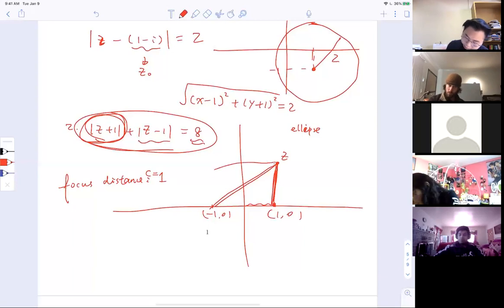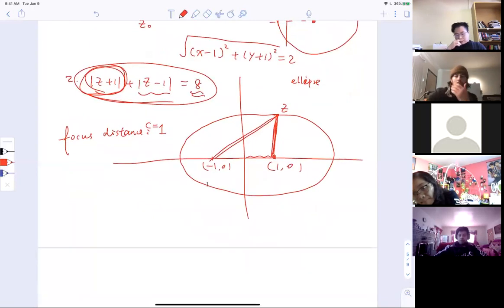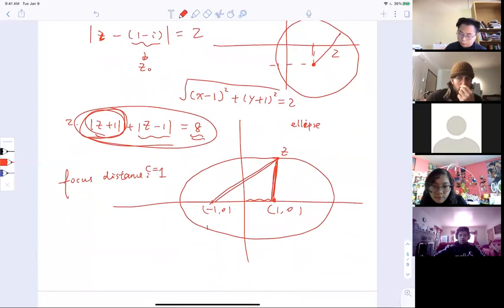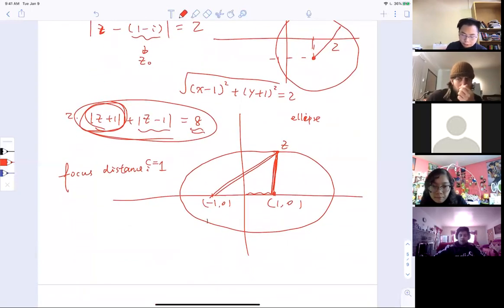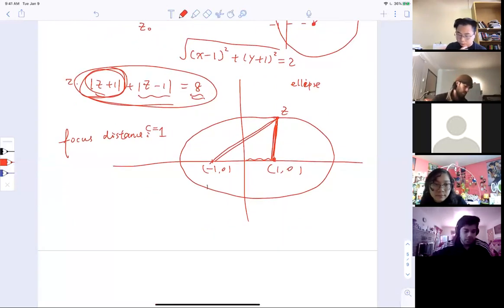And let's draw the ellipse, something like this. And of course, you can write down the equation for this ellipse, which is also quite straightforward.